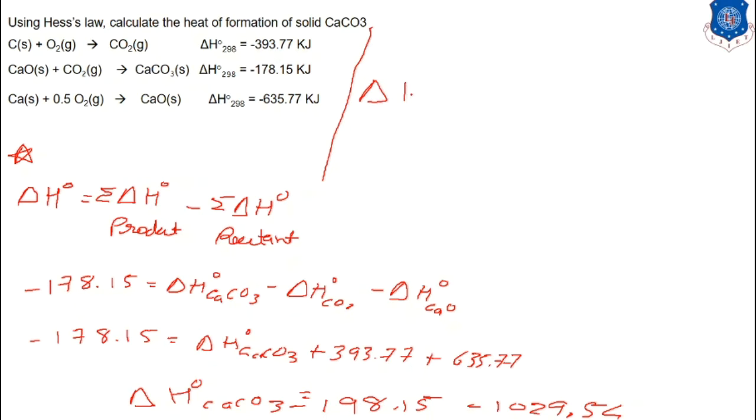So the heat of formation for CaCO3 is minus 1207.69 kilojoule. So this is the answer, the heat of formation for CaCO3.